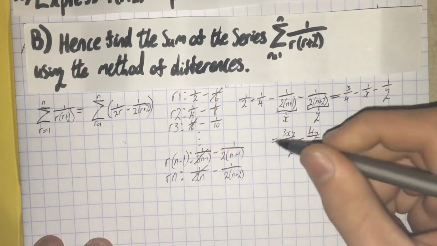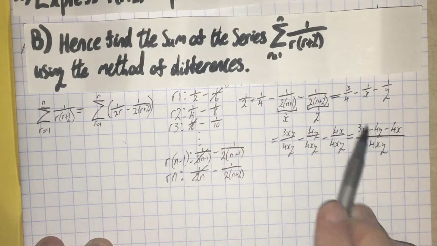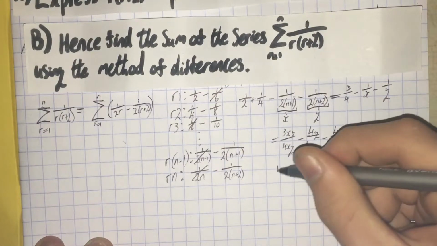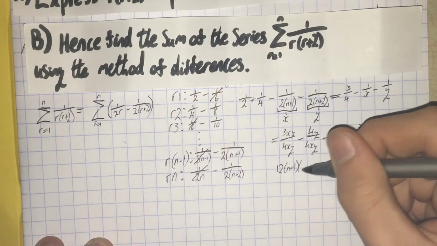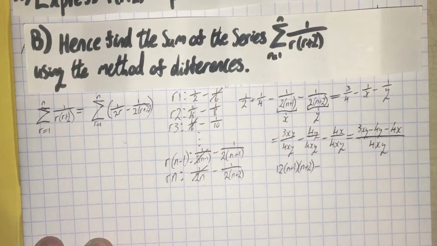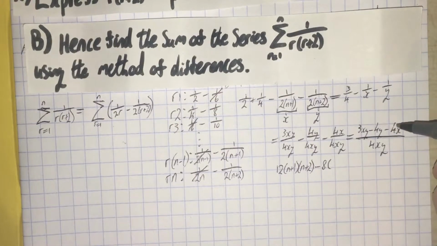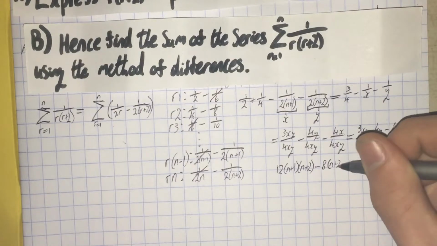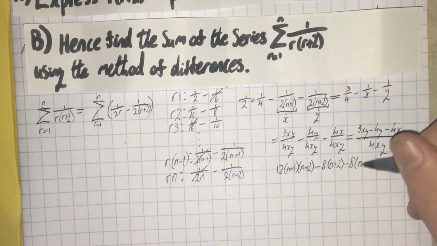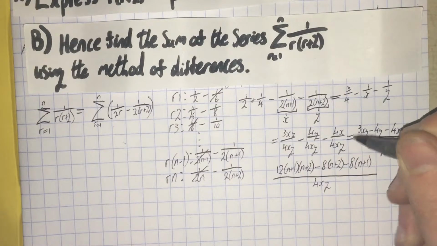Moving on, this means we shall have 3 times x, which will give us 2n plus 1, times y, which will give us 2n plus 2, so it's 3 times n plus 1 times n plus 2, minus 4y, 4 times 2 is 8, 8 times the y, so n plus 2, minus 4 times 2, 8, n plus 1, all over 4xy.